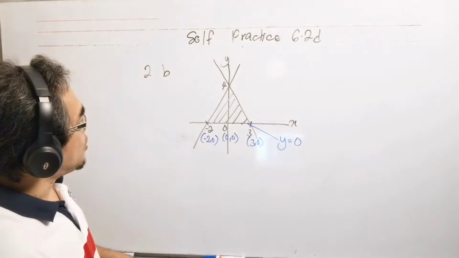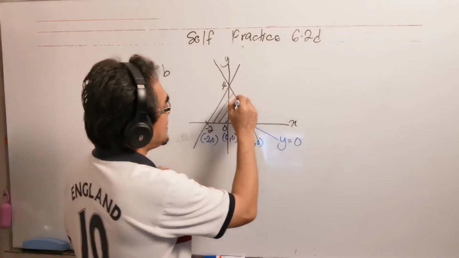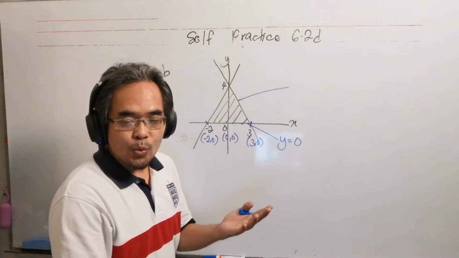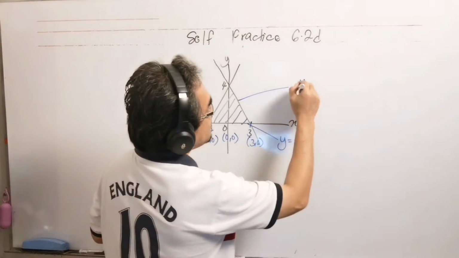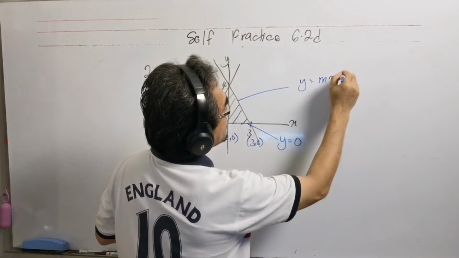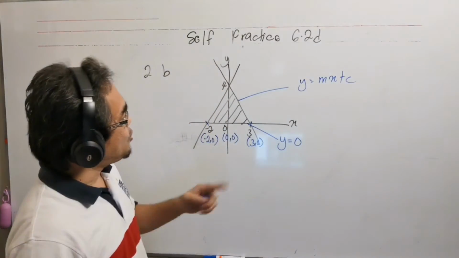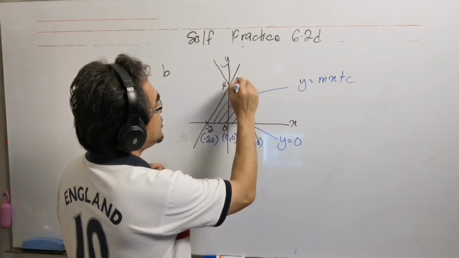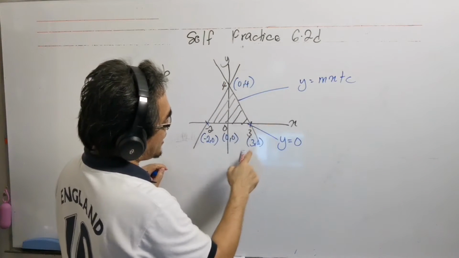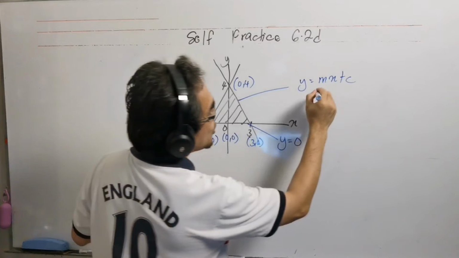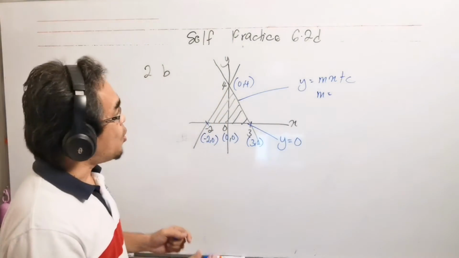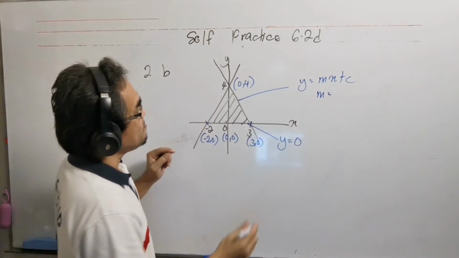So y equals 0. But for this line, you have to start with y equals mx plus c. First you find the gradient. The first coordinate is 0, 4. The other coordinate is 3, 0. So m is y2 minus y1 over x2 minus x1.